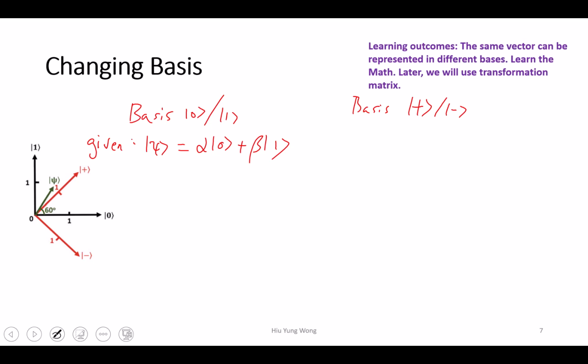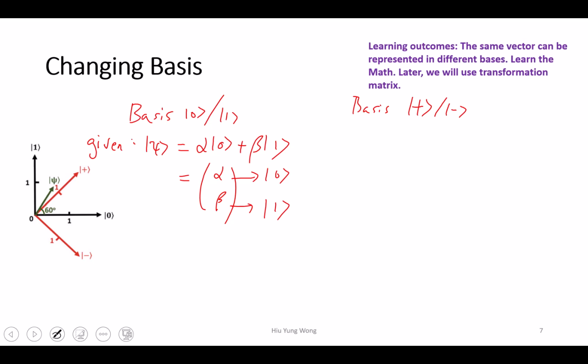So in that case, how can I change the basis? This is also equal to alpha, beta, but when I say alpha, I mean I have alpha part of 0 and beta part of 1. For the same vector, what is that in the new basis? I can do a substitution.